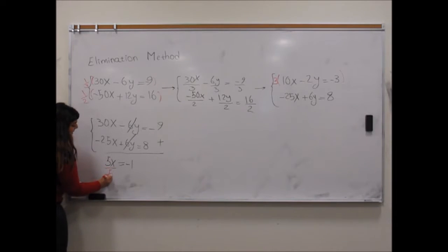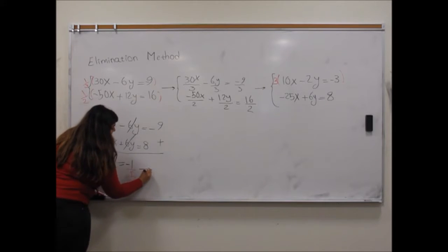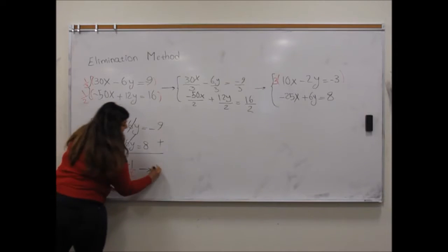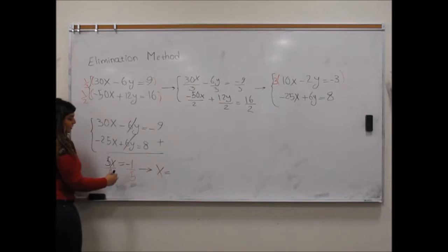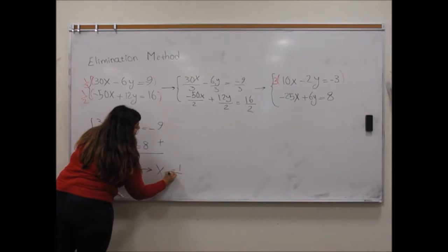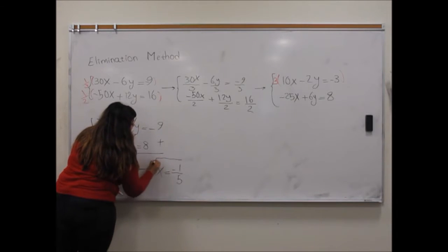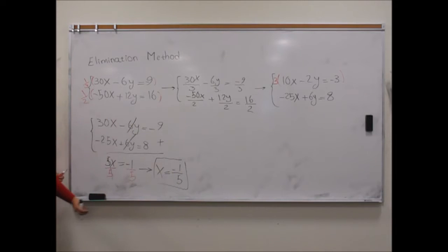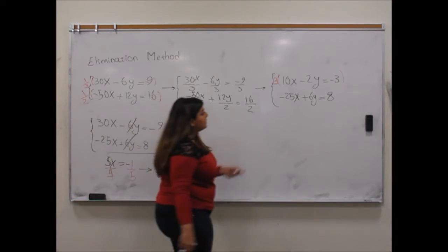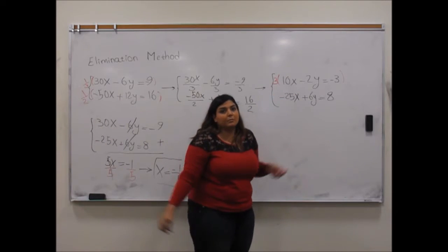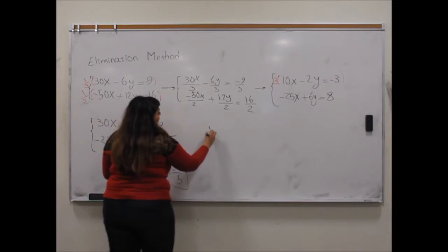Dividing both sides by 5, I'm going to get x equals negative 1/5. So now let's put that in one of my equations. I'm going to choose to put it in the first one since the numbers are easier.